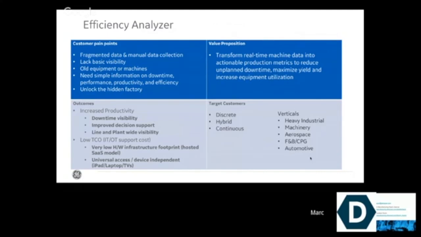What Efficiency Analyzer does well is, just like your Fitbit is quick to install, Efficiency Analyzer is really quick to deploy, so customers can get their machines monitored quickly. Then they can get downtime visibility and improved decision support, and also line and plant-wide visibility, and enterprise visibility as they navigate between different plants.